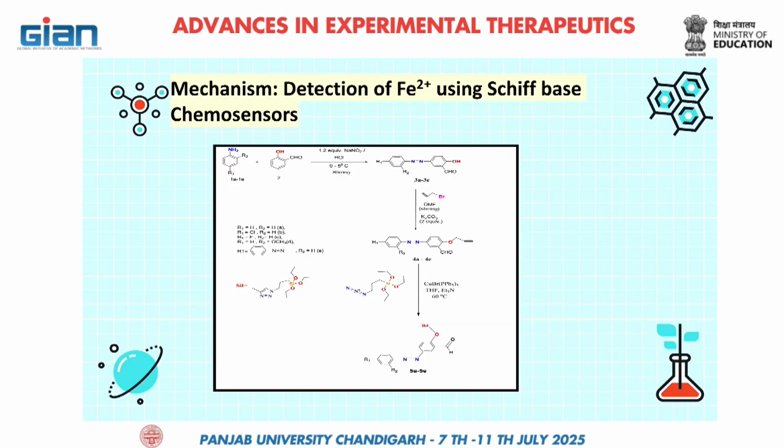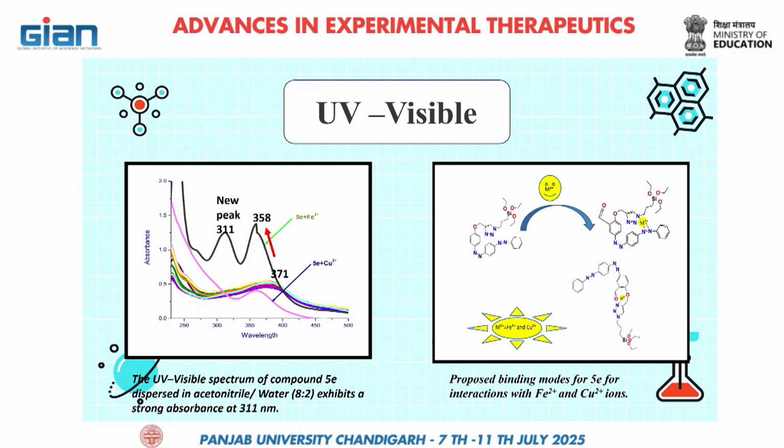Now, this was the work done in our lab by our seniors, where the amine was reacted with aldehyde leading to formation of imines. These are the particular conditions under which imines are formed, and further reacted with alkyne leads to formation of azide, further formation of alkyne, and further reacted with azide to form organosilane. Now, UV-visible.